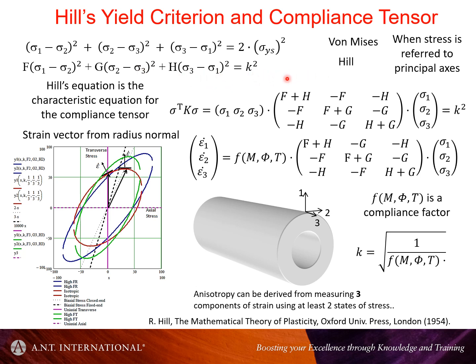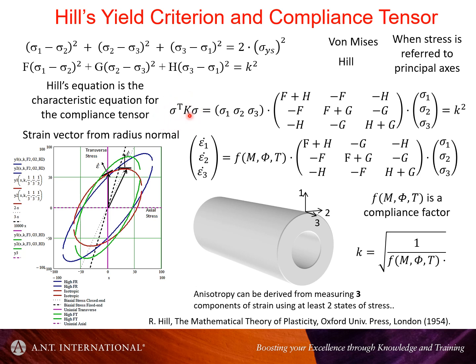Now, the easiest way to think of this yielding for Hill's case, for the anisotropic material, is to consider the compliance tensor. So this is Hill's compliance tensor, and if we determine what the characteristic polynomial is for this tensor, you do it in this way.